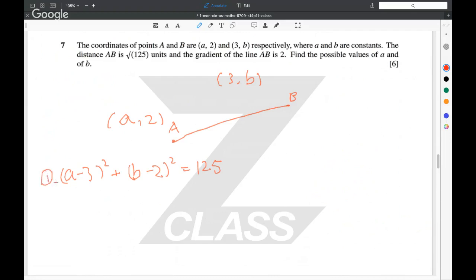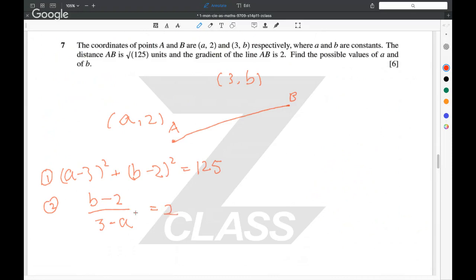So after our first equation, we get a second equation from the condition. The change in y coordinate, b minus 2, divided by the change in x coordinate, 3 minus a, is 2.